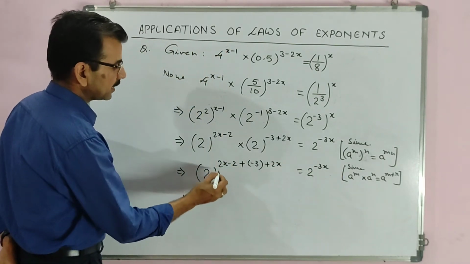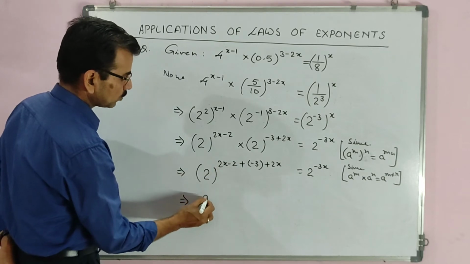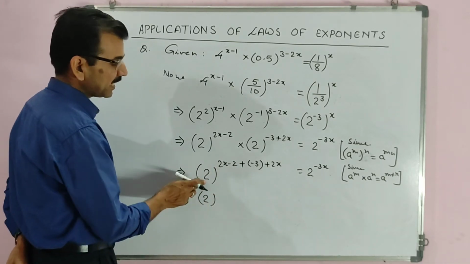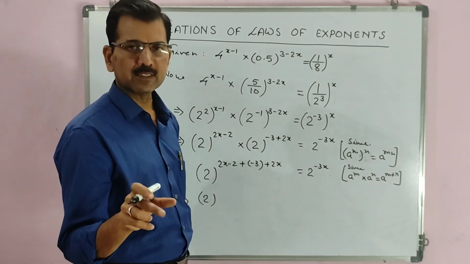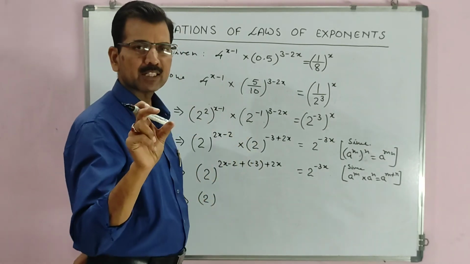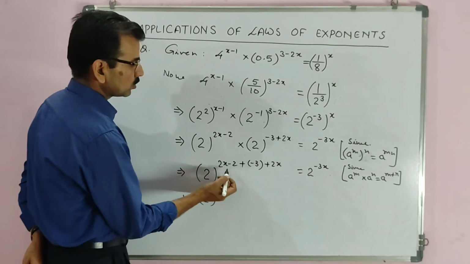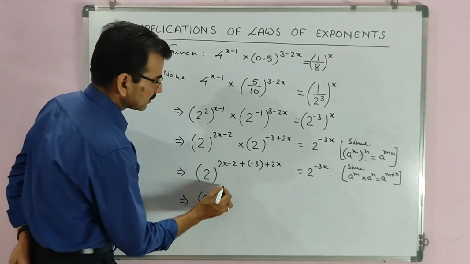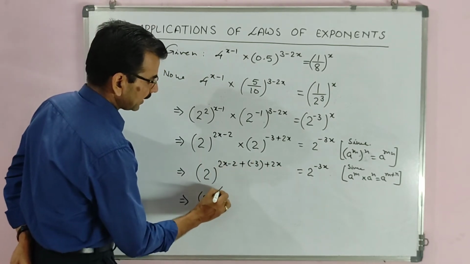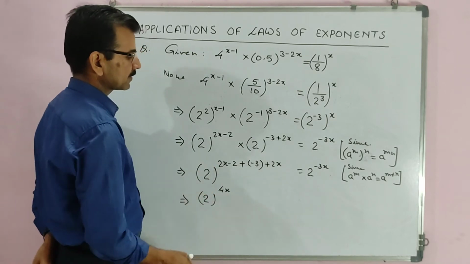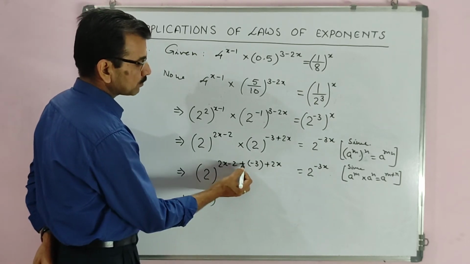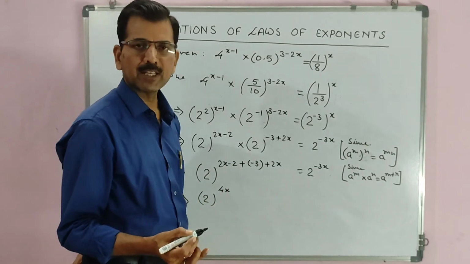Next step we write here, simplify this power. 2 raised to power. This base a little bit bigger we have to write to be clear, and powers we can write with a little smaller digit. Okay, this you are knowing. So 2x and this 2x, both we can combine and we write 4x minus 2 and this plus into minus, what will be?